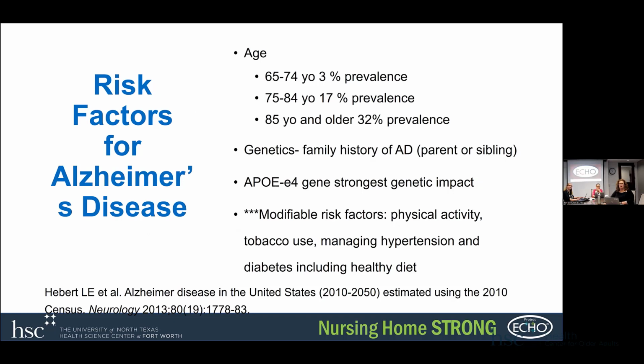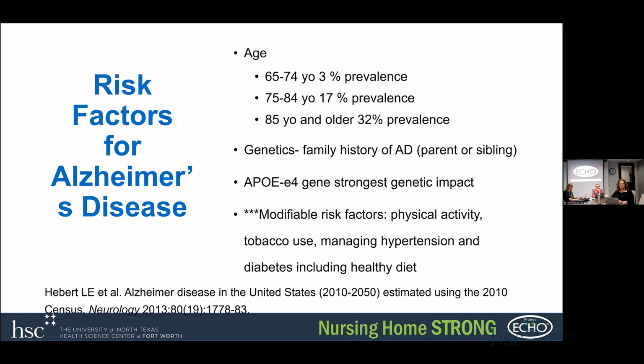So age, as far as what we see in terms of prevalence, the older you get, obviously, the higher your risk is for dementia. And then genetics. If you have a parent or a sibling that has Alzheimer's, your risk of having dementia is significantly higher. This risk is separate from the risk of some genetic markers that we are able to look at.